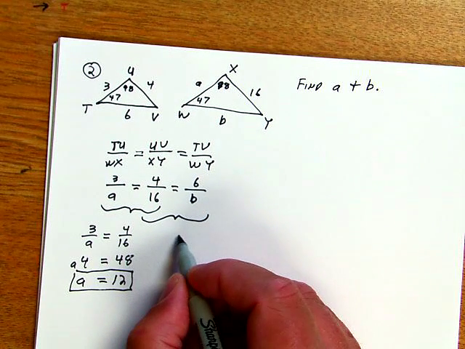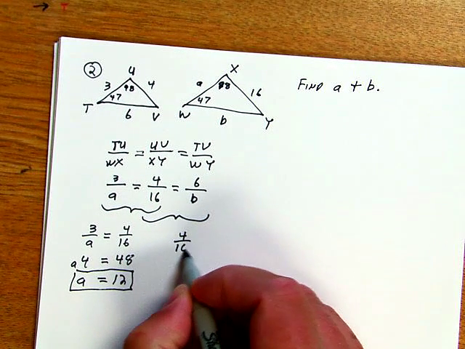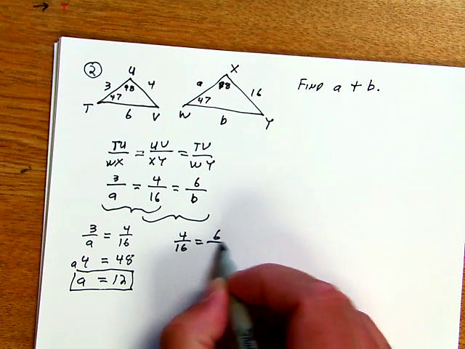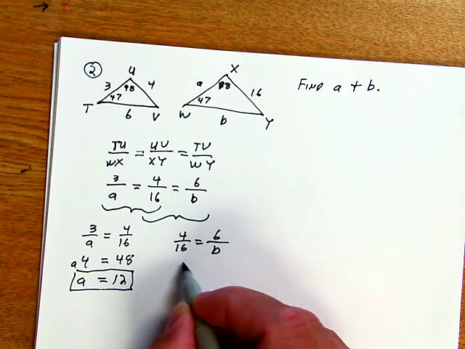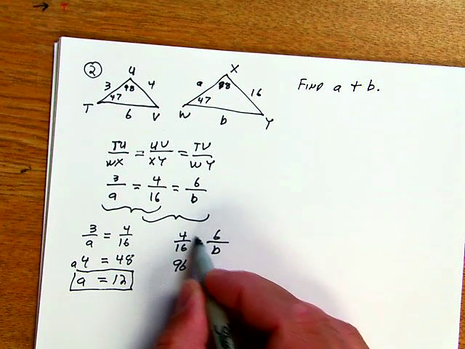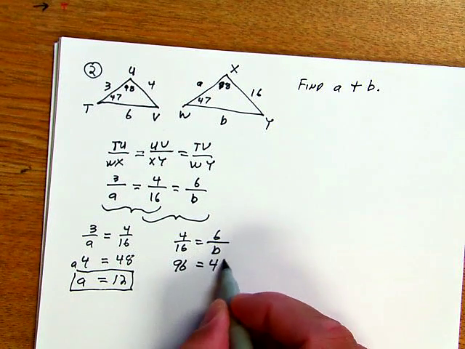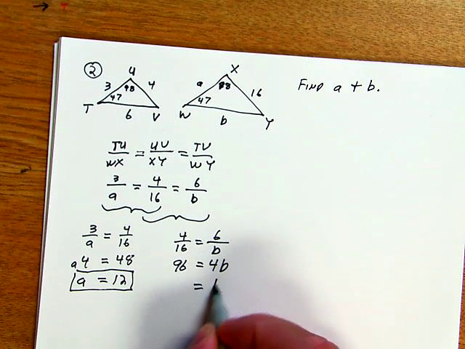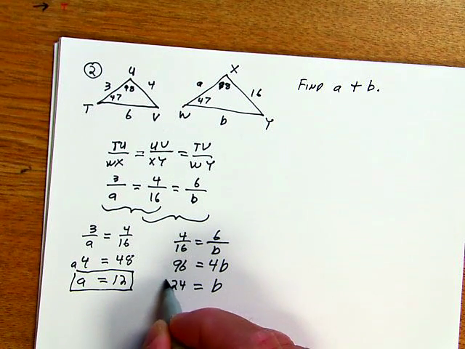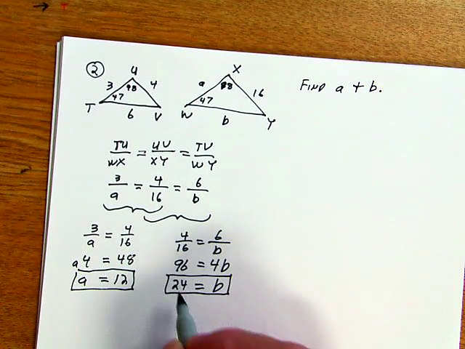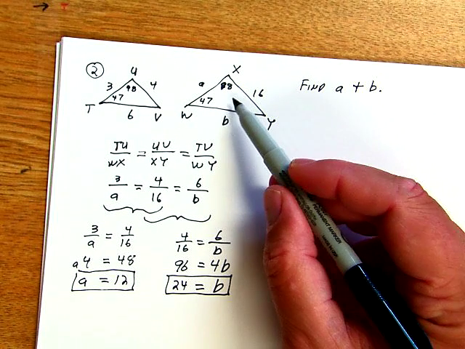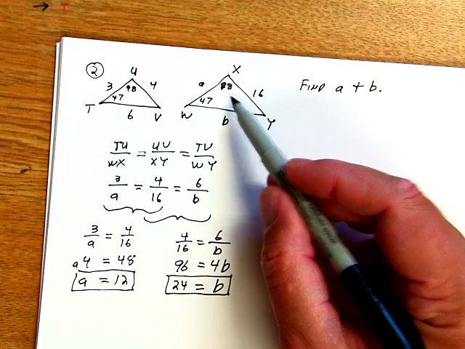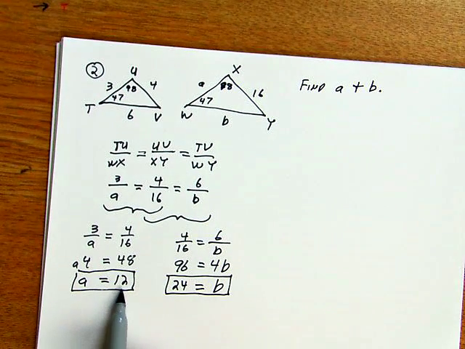We'll do that right here. 4 over 16 is equal to 6 over B. Cross multiply, we get 96 going this way, and coming back this way we get 4B. Divide by 4, and B is equal to 24. And so the two missing parts of this triangle, A and B, are 12 and 24.